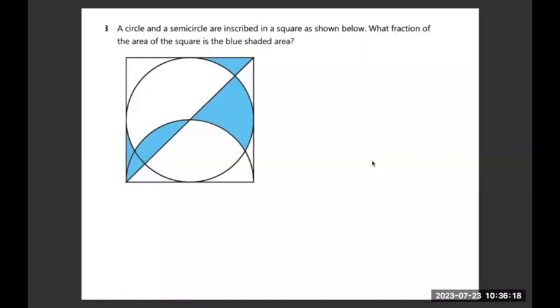Again, simply deconstruct the geometry. You'll find the answer. I hope now you're clear. Kavya, correct answer.